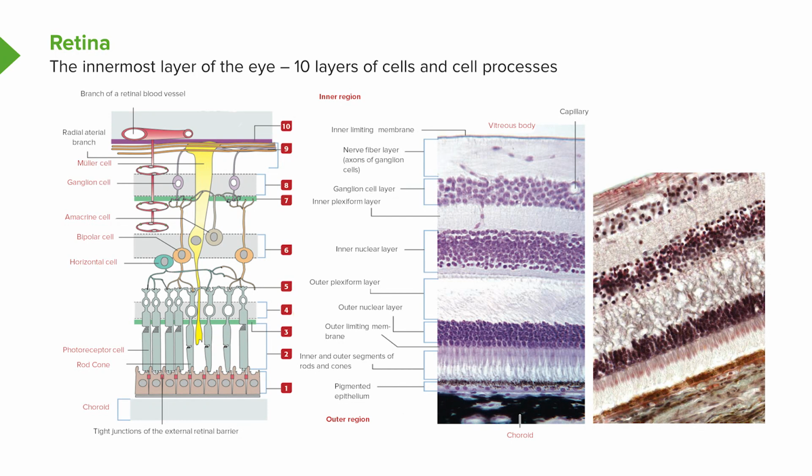They also form a very important blood-retinal barrier. So they're very, very important cells. And as I said, the pigment helps to stop light from being reflected back into the eye and therefore creating glare.